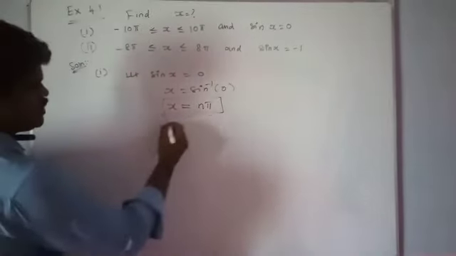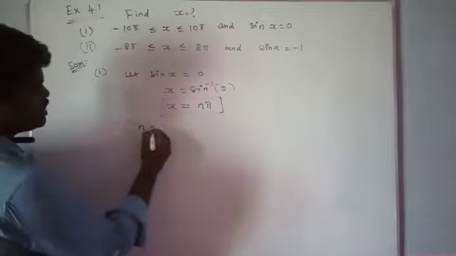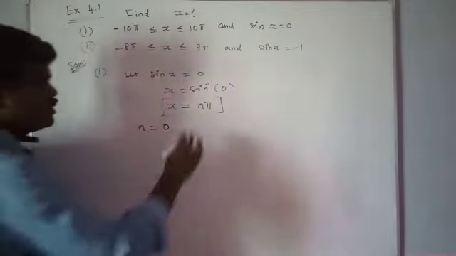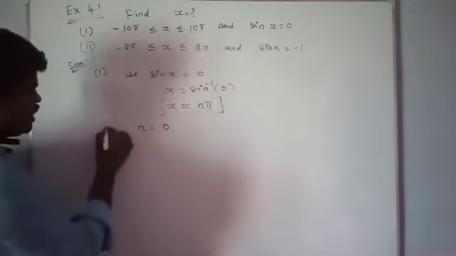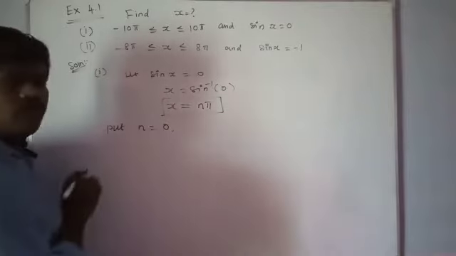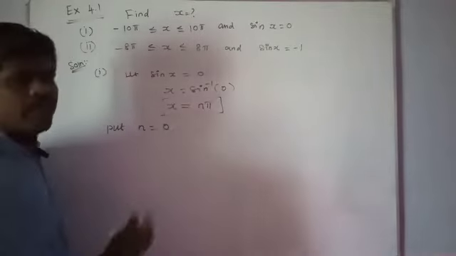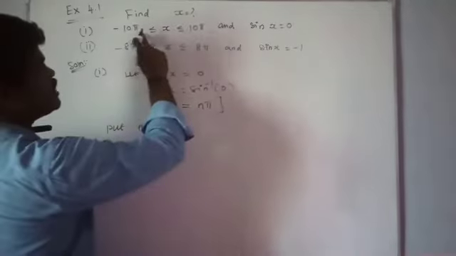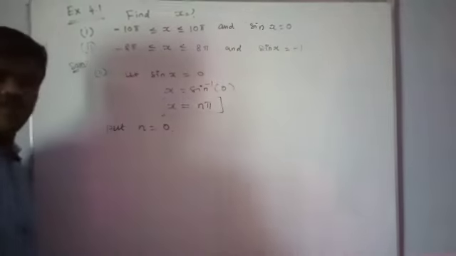Here, first of all, put n equal to 0. The x value is 0 pi, that means 0. The 0 lies between minus 10 pi to plus 10 pi.